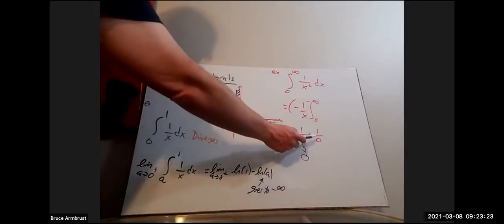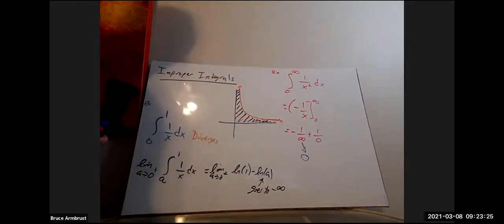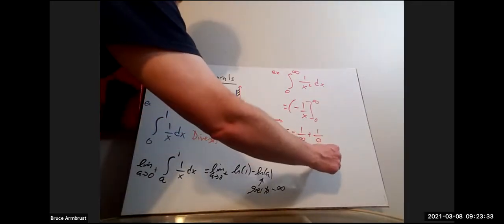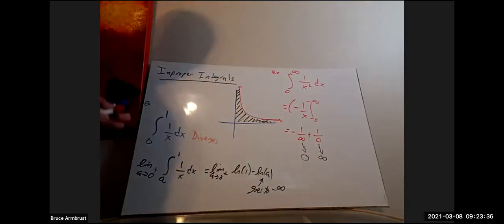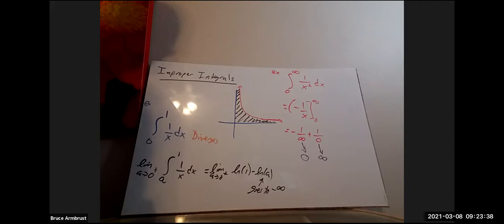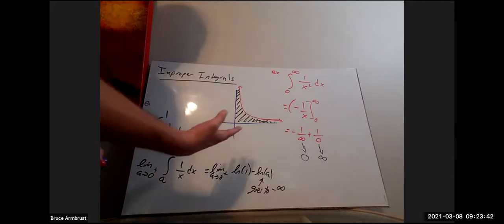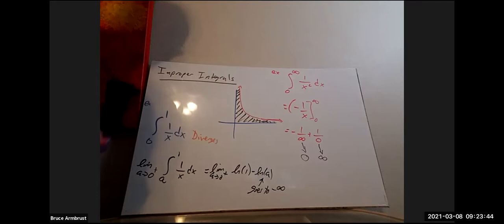All right, and then what happens when I do 1 divided by something really small? Well, if I divide by a number that gets closer and closer to 0, that number blows up. So that guy goes to infinity. So we've already seen those limit forms. Now we're just making use of those limit forms.